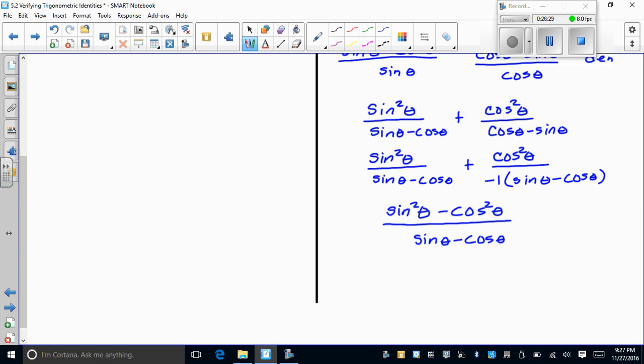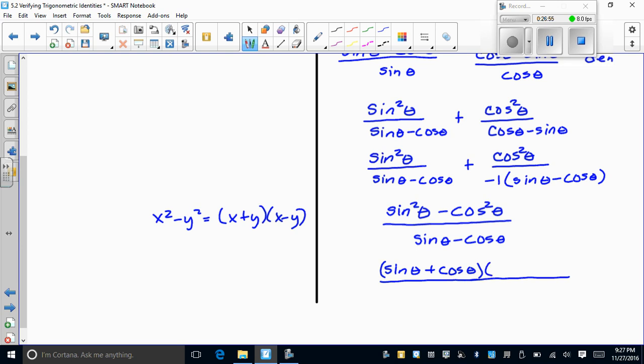This is where I get to remind you that x squared minus y squared is x plus y times x minus y. So this becomes sine of theta plus cosine of theta times, sorry, fraction bar got carried away, sine of theta minus cosine of theta all over sine of theta minus cosine of theta. Those two guys cancel out.